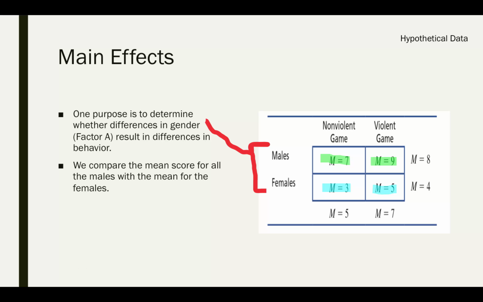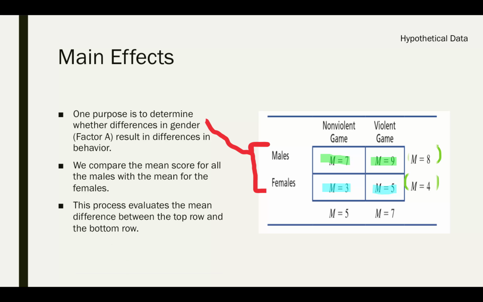Similarly, when we look at the non-violent games versus the violent games, okay, we can see that the violent game is looking at an M of 7 for the males, and an M of 8 for violent games. So we're now looking across, right?